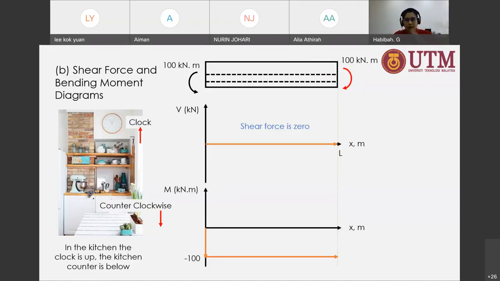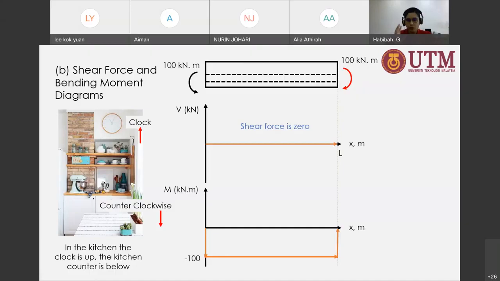That shows that the internal moment generated there is going upward. So that's positive 100 kilonewton meter. That's going upward. So that's going from negative 100 with plus 100. It's going to go back to 0. So this is my bending moment diagram.